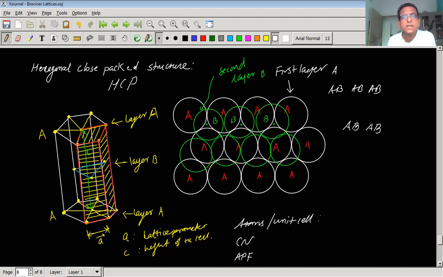So this white circle indicates atoms in layer A, and then we know that there is a B valley and a C valley.